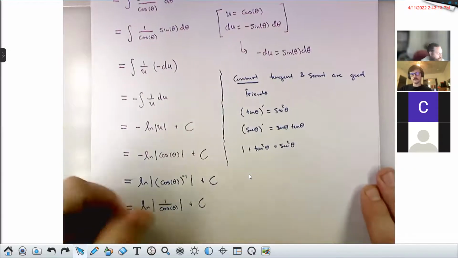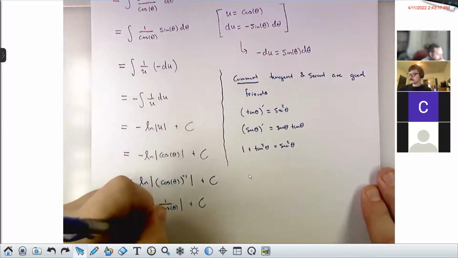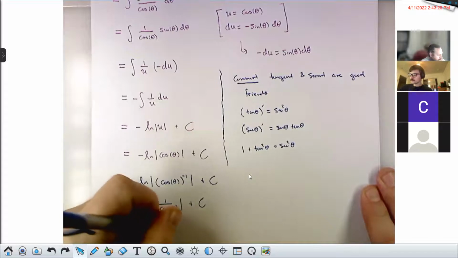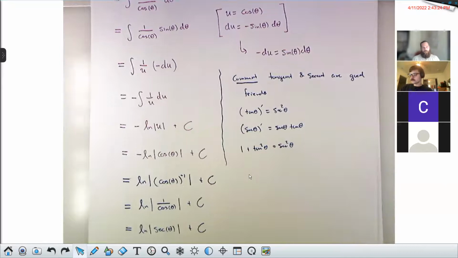And 1 over cosine is secant. There are people who are so anal about this that if you tell them the integral of tangent is negative ln cosine, they will give you grief for it. I'm not that guy. Negative ln cos theta is correct. But I think it's much more appealing to say that the integral of tangent is the natural log of secant. For one, there's no ugly negative outside. And for the other, tangent and secant are good friends.